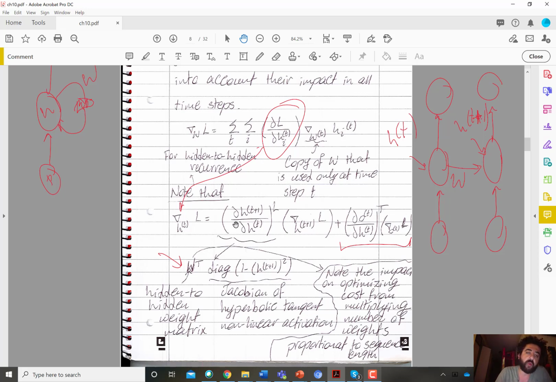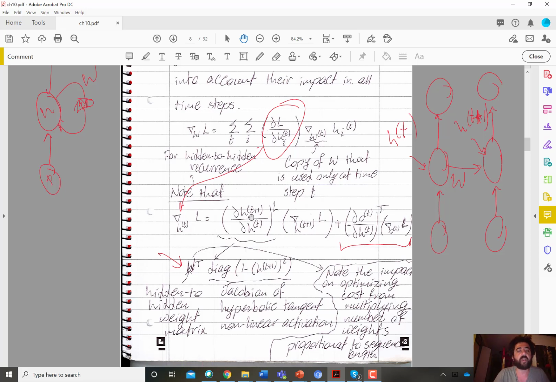So every time I compute the Jacobian of h of t plus 1 with respect to h of t, I have multiplication by the weights, right? So note here that this multiplication will result in raising W to a power when computing the gradient of the loss with respect to earlier hidden layers, right? Because every time I back propagate, I have a multiplication by W, right?